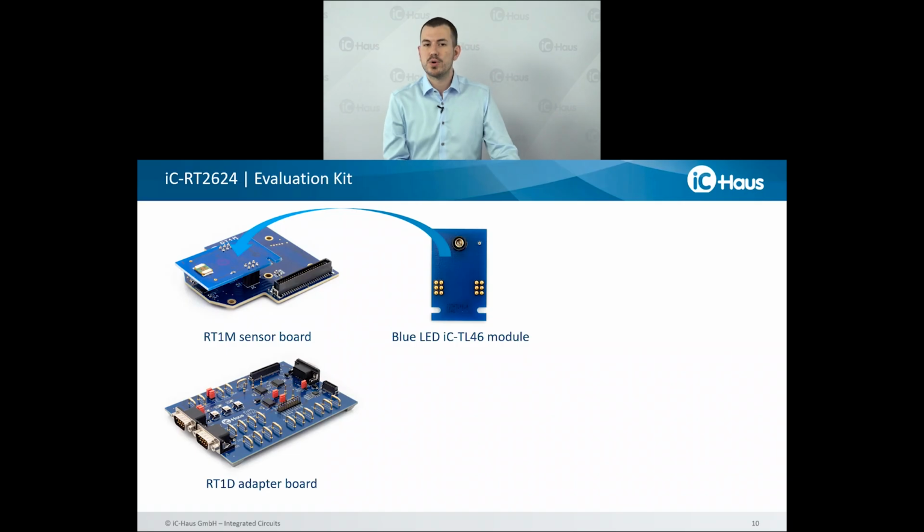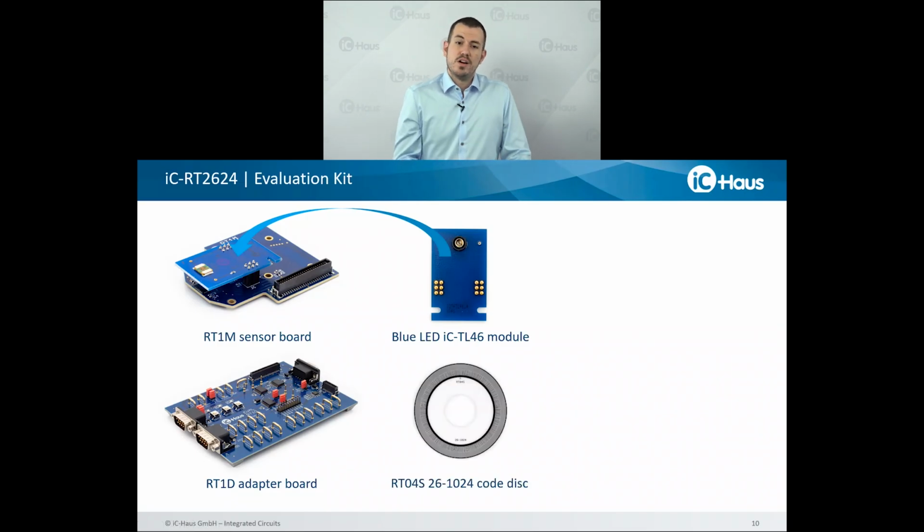We have an adapter board where you can connect the sensor board here. So you have easy access to all the encoder signals on that adapter board. Of course, the code disk also comes out of one hand here, so you can start evaluating a real encoder system. So the 26mm code disk made of glass will come with the evaluation kit.